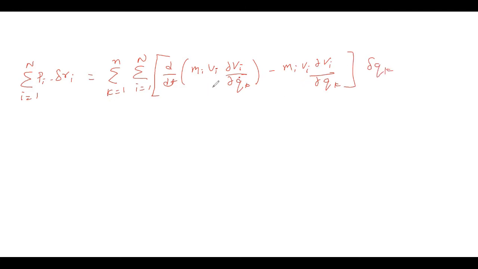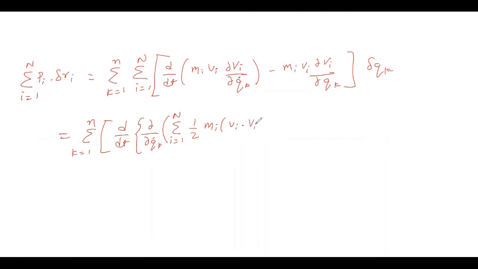Okay, so now I can rewrite this. This mi vi delta vi by delta qk dot is like half mi vi square. So I can rewrite this part, and similarly I can also rewrite the other part. So just rewriting the parts. I will keep k equal to 1 to n generalized coordinates, and ddt of, I will take this whole part outside, delta by delta qk dot of the sum over I equal to 1 to n of half mi vi dot vi.